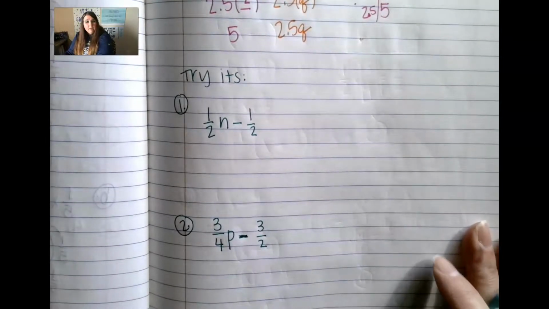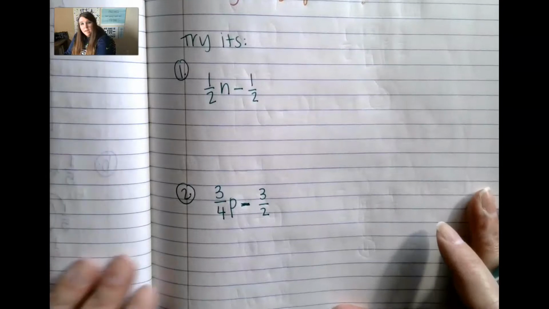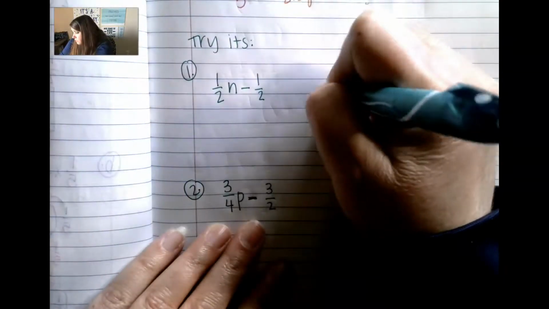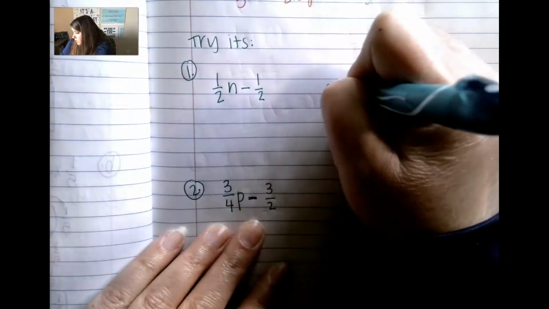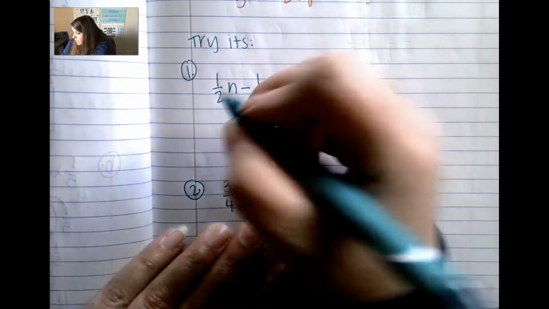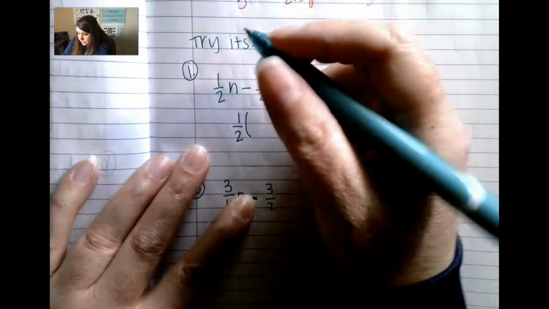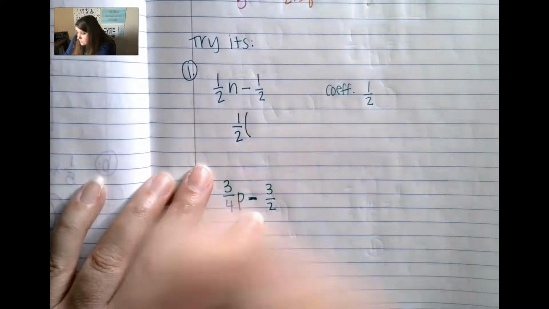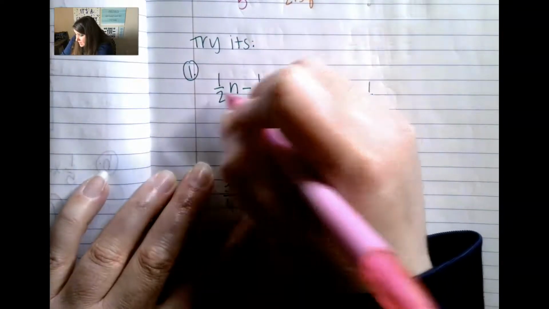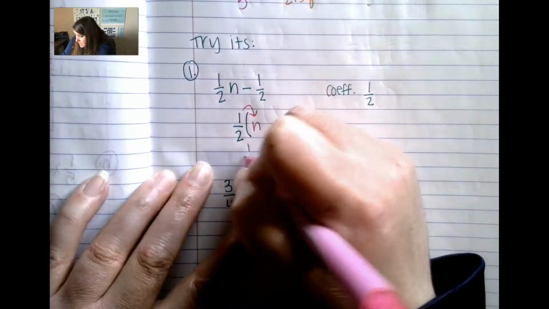All right. So number 1, we're going to find the coefficient. Our coefficient is 1/2. So I'm going to take 1/2 and put it on the outside. 1/2 times n gives us 1/2 n.